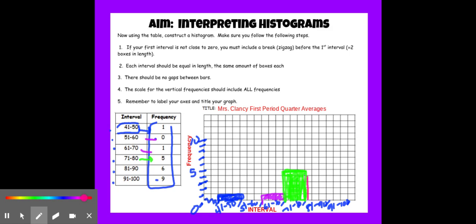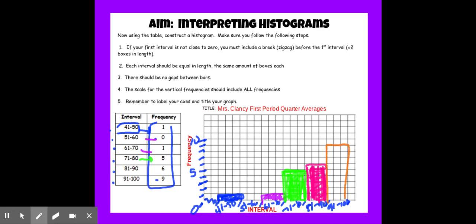I'm going up 1 more than this one and then down. Color it in to the best of your ability. And then the last one is going to go up to 9. And that one I'm going to do in orange. Oops, that didn't go to orange. So I'm going to go all the way up to 9 and then down and color it in.